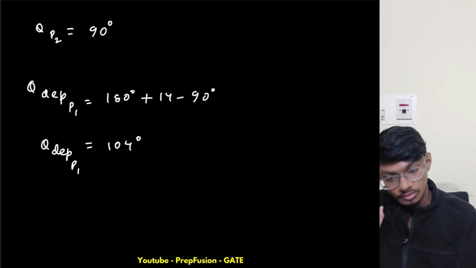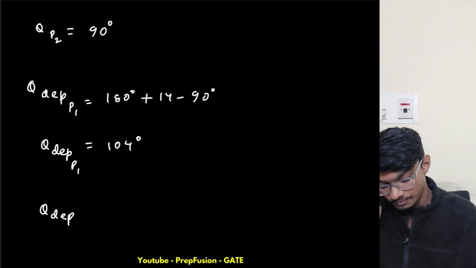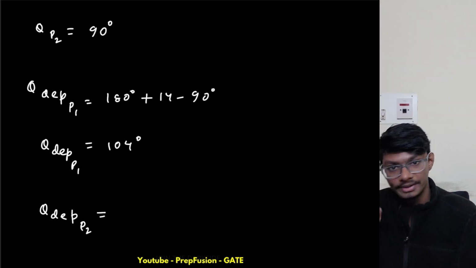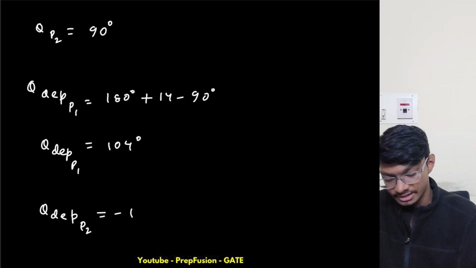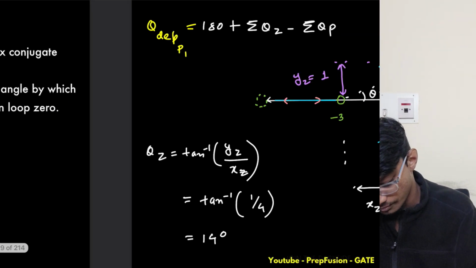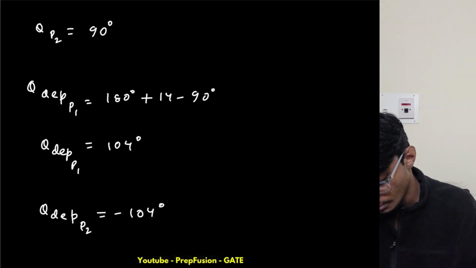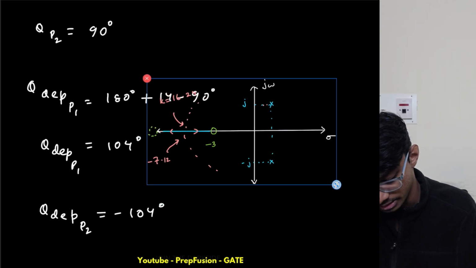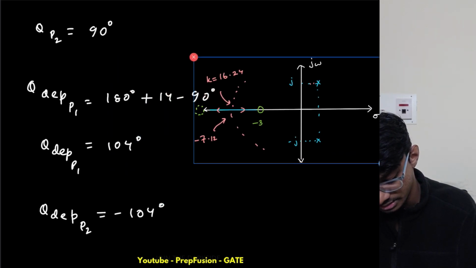Now what will be the theta departure of the pole P2? Theta departure of P2 will simply be the complex conjugate, I mean, it will simply be the negative of this one, right? Minus 104. Now what does this represent? Let me paste this here and reduce its size.